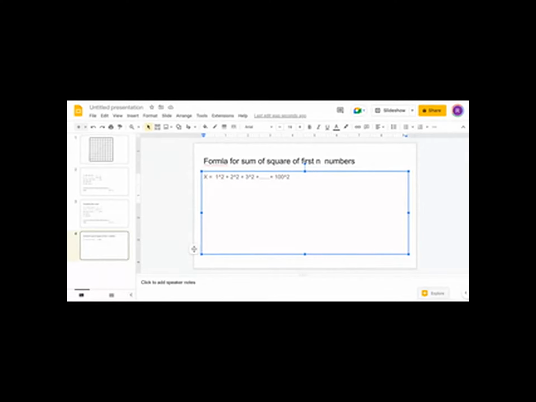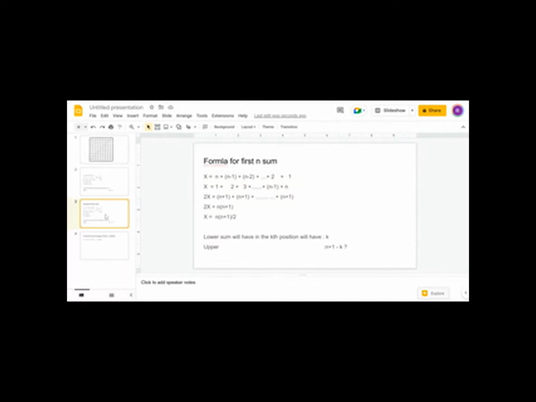There must have been some point in history where people were thinking how to get a formula for 1 plus 2 plus up to 100, and somehow by this reversing and adding, they must have got this n into n plus 1 by 2. It must have been thousands of years ago. And after that, someone must have thought, now how do I get a formula for 1 squared plus 2 squared up to n squared?